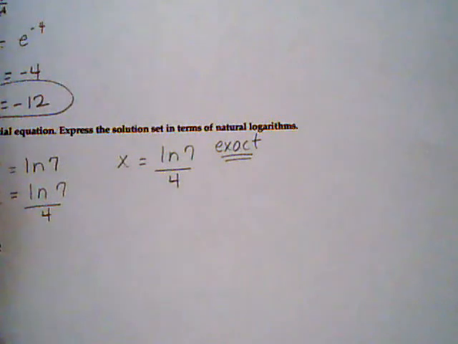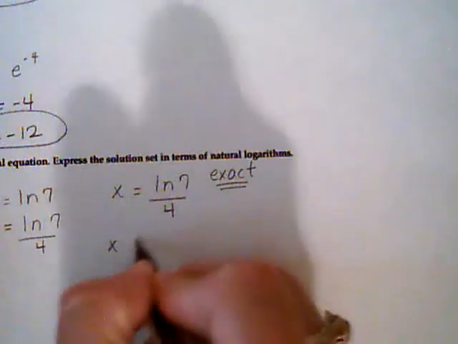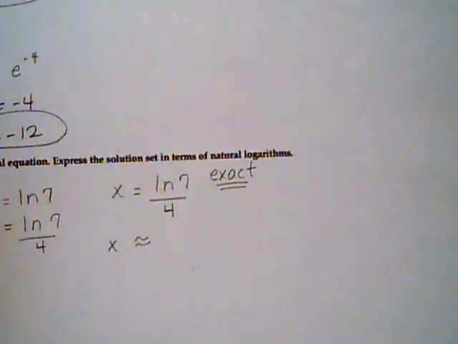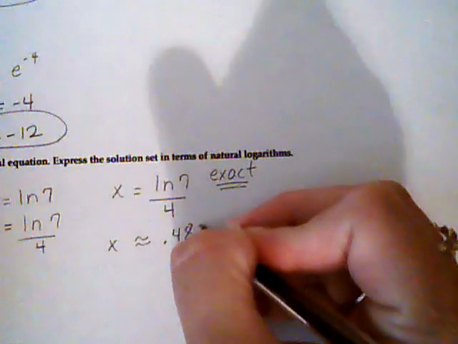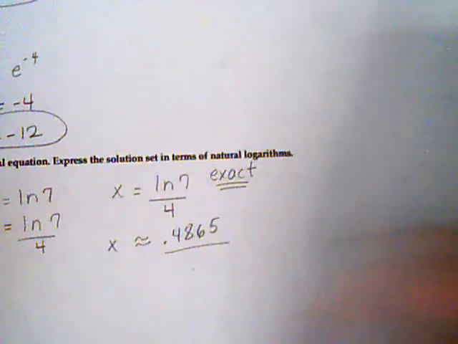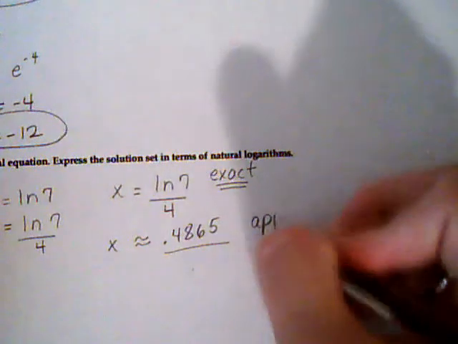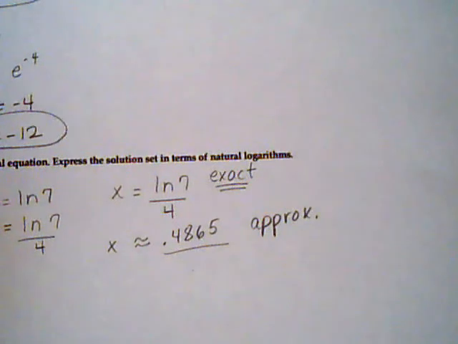I'm going to round it off to 4 decimal places, so x is approximately equal to 0.4865. They will tell you on my math lab how many decimal places they would like you to keep.